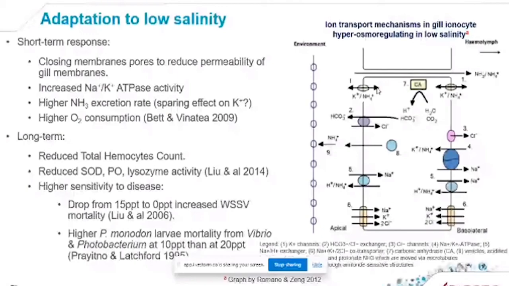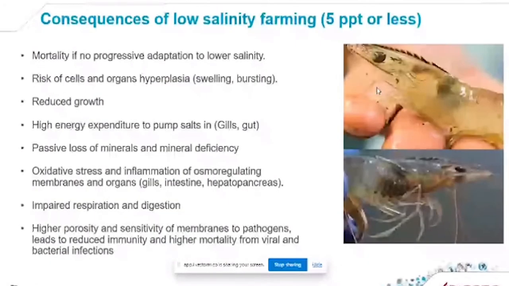So when a farmer is growing shrimp at low salinity, they will observe mortality if they don't progressively adapt the shrimp, especially the PLs at stocking, to a low salinity.